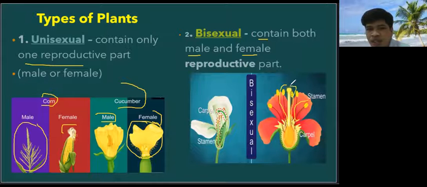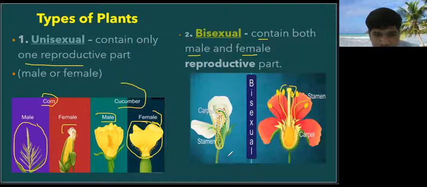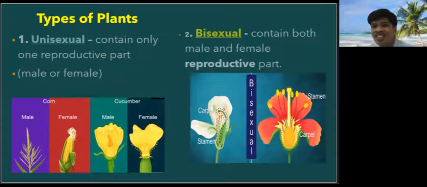Same with this one, at the center here you can find the carpel, and you can find the stamen in just one flower. Okay, remember? Understand?